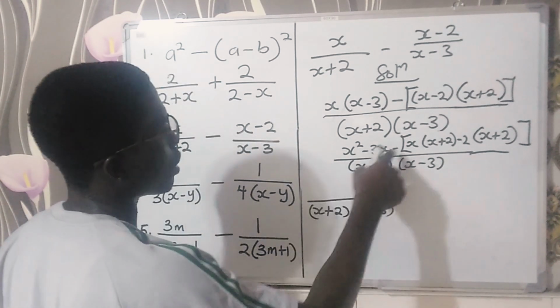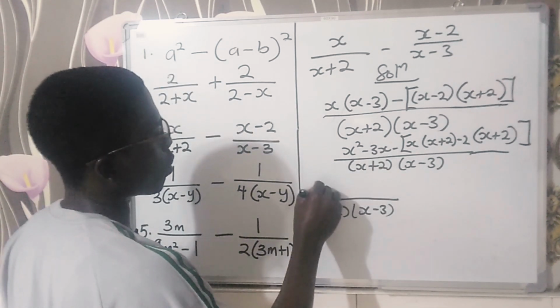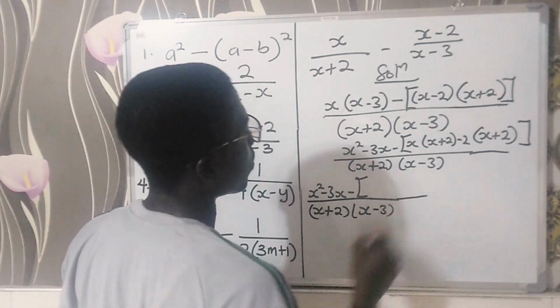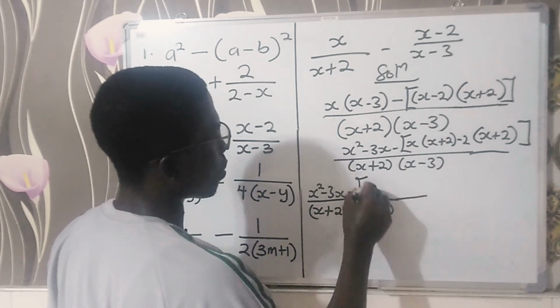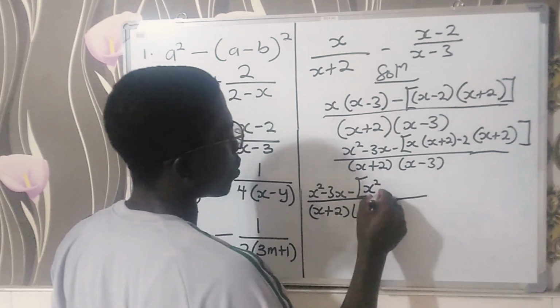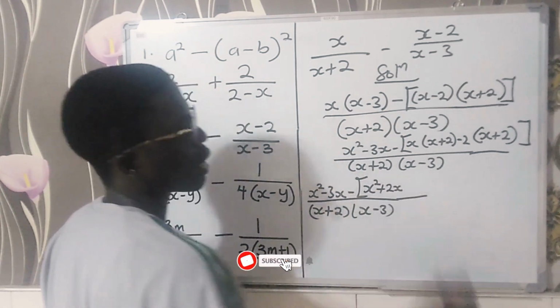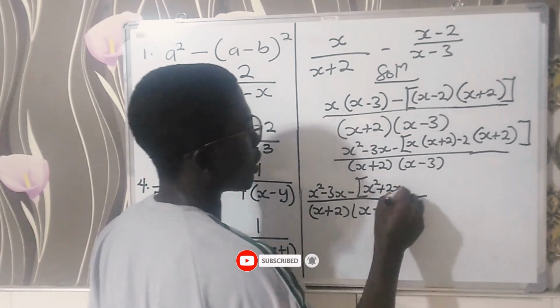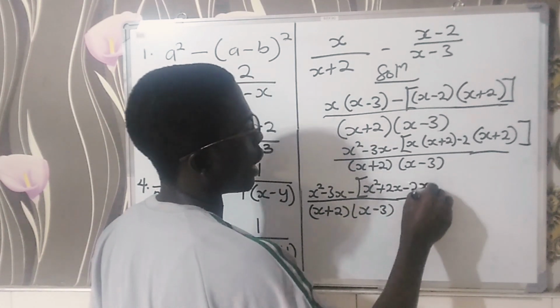Good. So we still maintain this one, which is x squared minus 3x, minus our big bracket. Then this will give us x squared. This x times plus 2 gives us plus 2x. And then minus 2 times x will give us minus 2x.